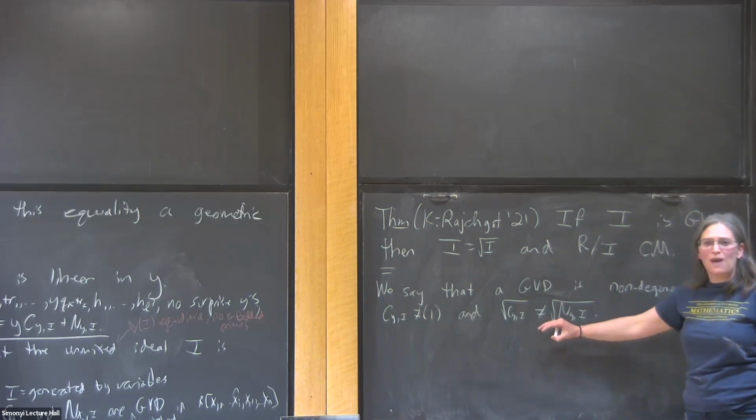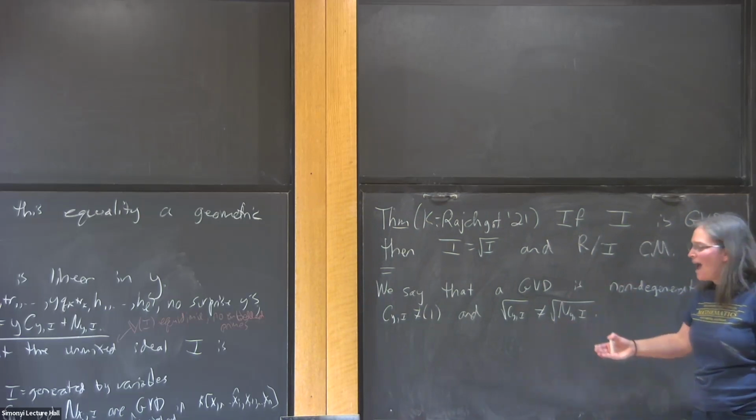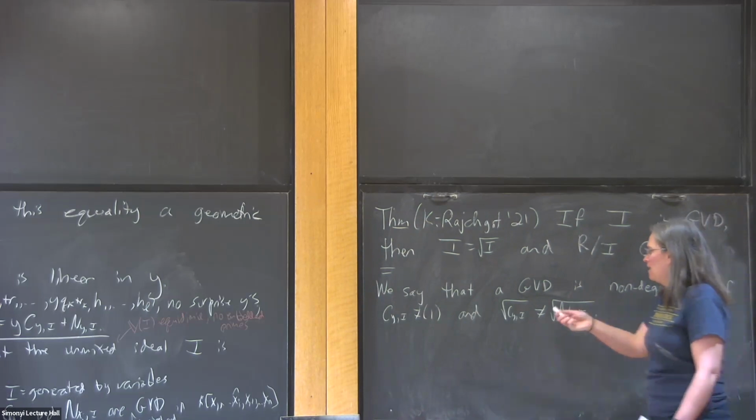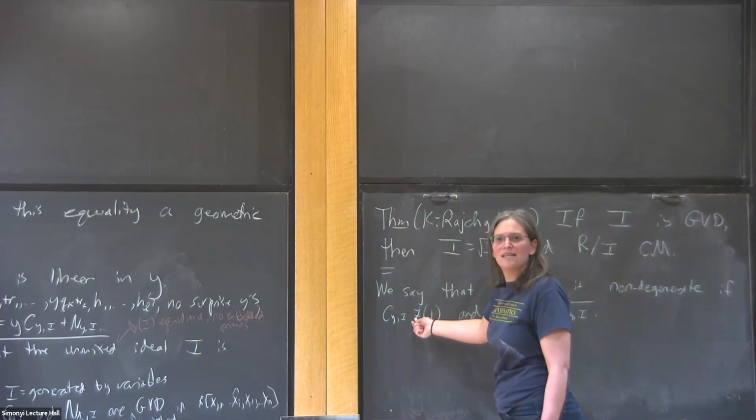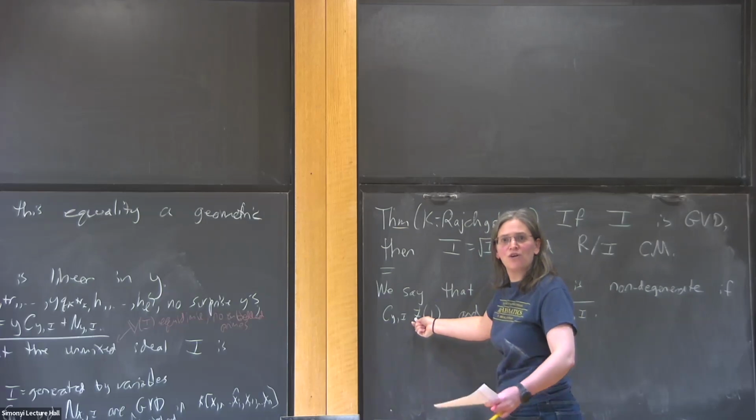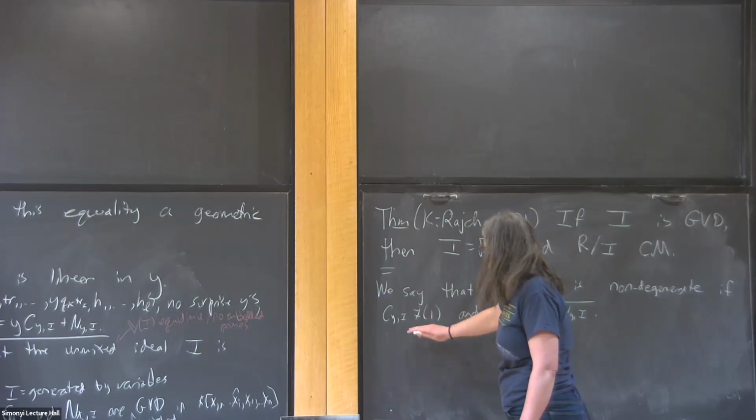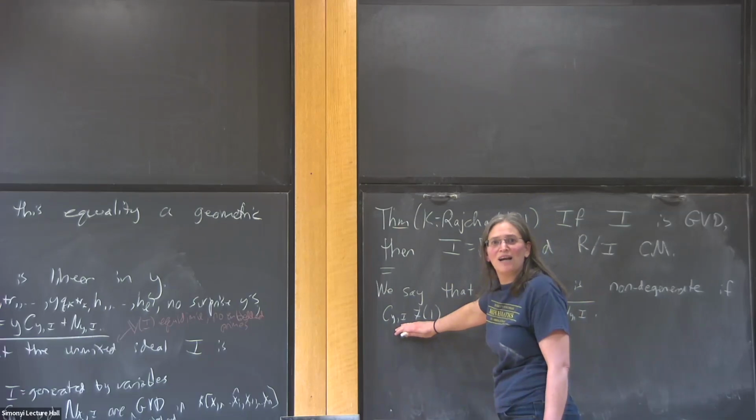If I is radical, then this can only happen in this case if Y minus something is a generator of your ideal. So you should think about this as Y is in your ideal.